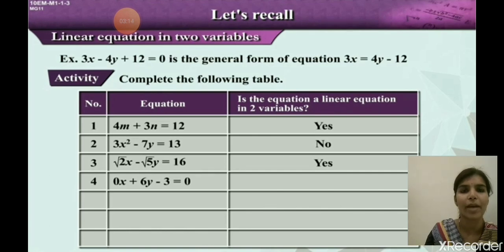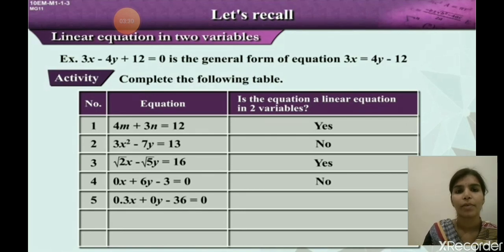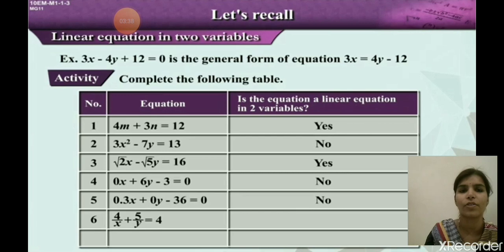0x + 6y - 3 = 0. No, because a = 0. We don't want a = 0 in our linear equation. 0.3x + 0y - 36 = 0. No, because b = 0. 4/x + 5/y = 4.